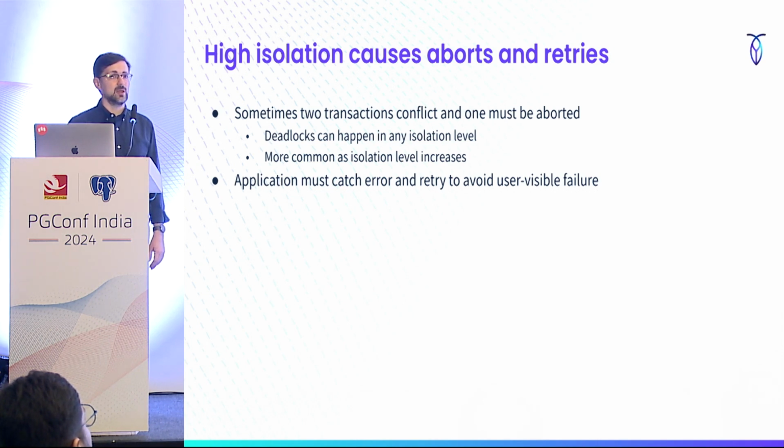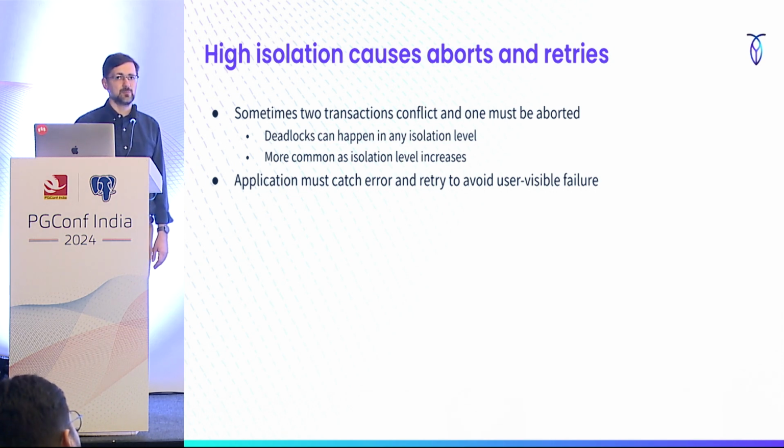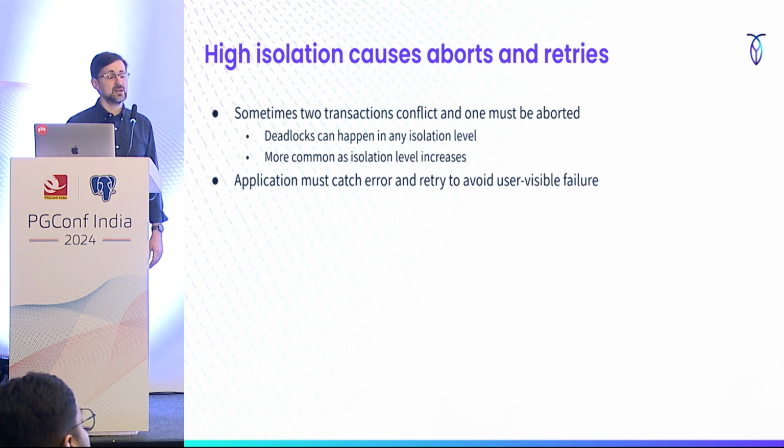Deadlocks are actually possible in any isolation level, even read committed. And so you sometimes have to think about retries for deadlocks, but in most applications, real deadlocks end up being pretty rare. But as you go up the scale of isolation levels to repeatable read and then to serializable, there are more kinds of ways for transactions to interfere with each other, and so this problem of retriable transaction aborts and retries becomes a more severe problem.